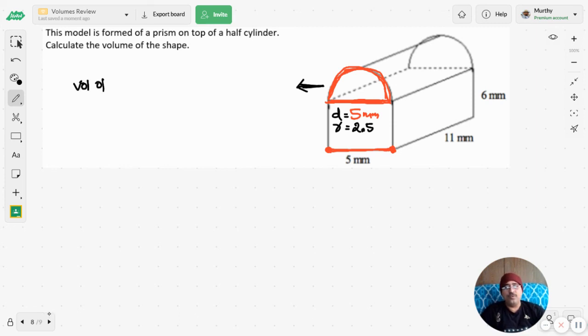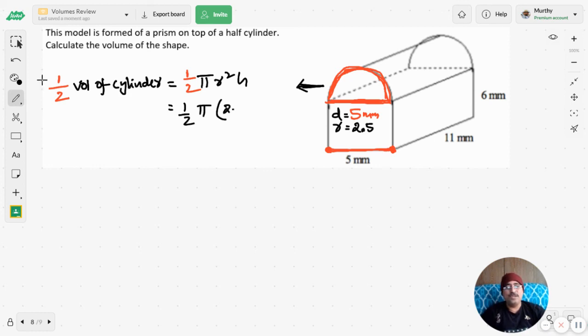We know that the volume of a cylinder equals pi r squared h, right? But this is not a full cylinder. Please notice that this is half of a cylinder. Therefore, I have to take half of pi r squared h. Now, you know the values: half times pi times the radius, 2.5 squared.